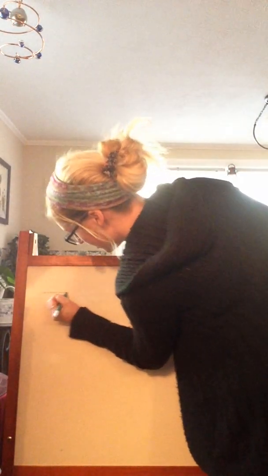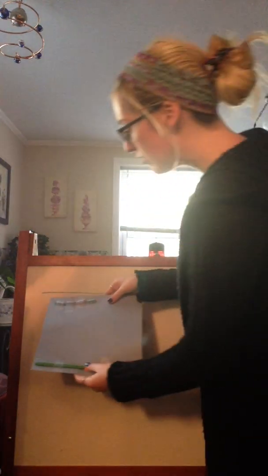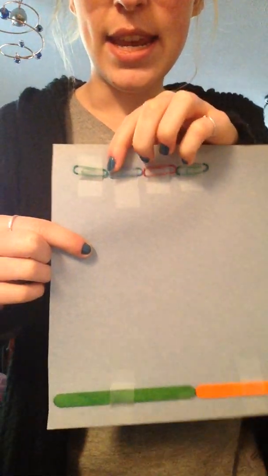So let's say I want to know how long this line is. Well, let's think about it. I can do paper clips, but if I do them, you see how they're touching end to end to end?